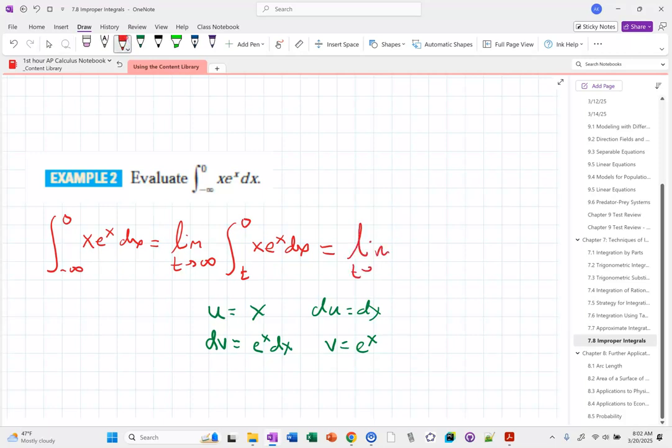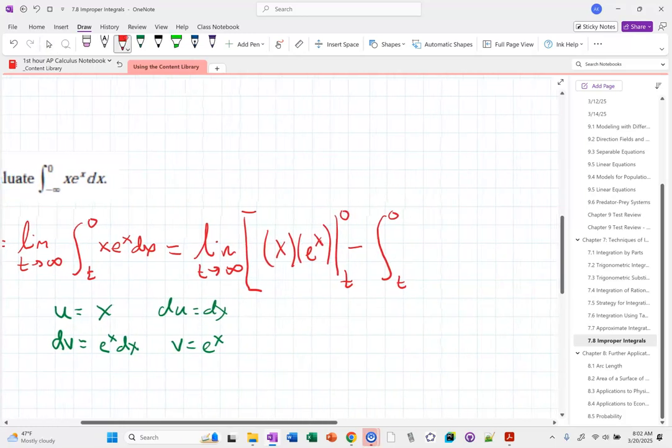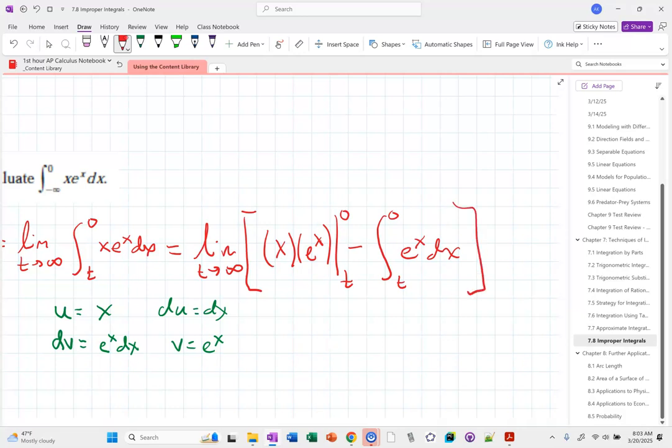Still have my limit there. And then it's u times v, but evaluated from t to 0, minus the integral from t to 0 of v du. So far, so good.